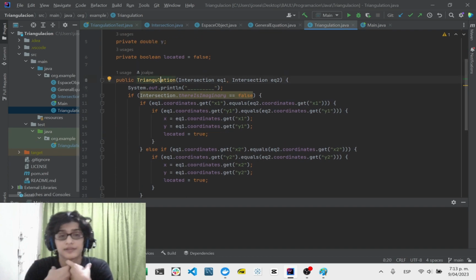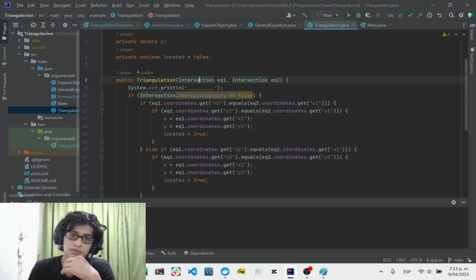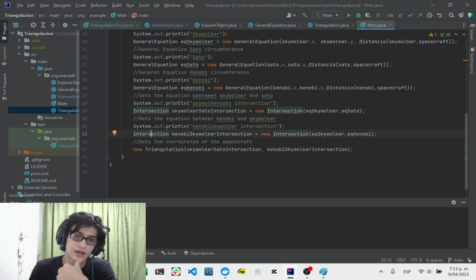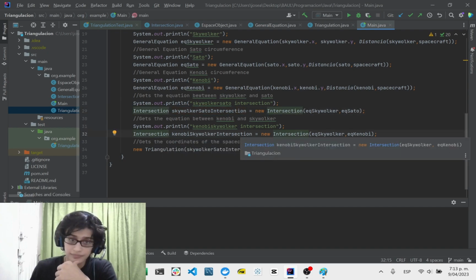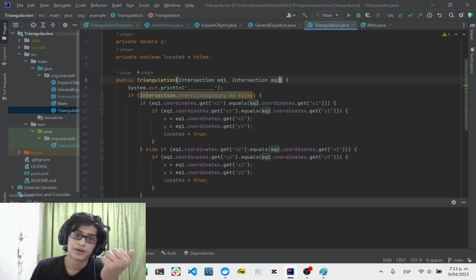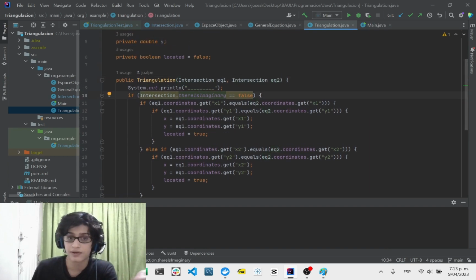I created, with the help of the intersection objects, two intersection objects that are, for example, the intersection between Skywalker and Sato, and the intersection between Kenobi and Skywalker. Remember that this is a general equation that gets me the coordinates. And then I only compare, well, first I see if there is imaginary.